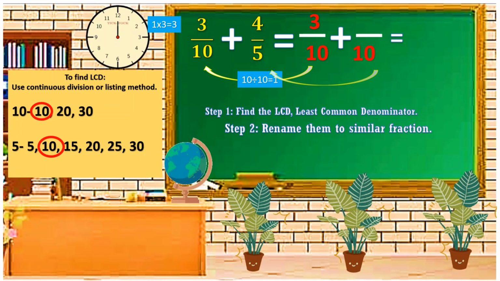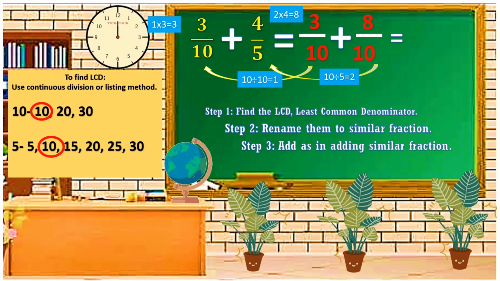Another one. 10 divided by 5 equals 2. 2 times 4 equals 8. So we have 3/10 plus 8/10. Add as in adding similar fractions. So 3 plus 8 equals 11 and copy the common denominator, which is 10.